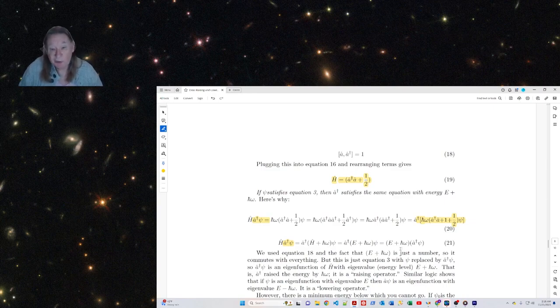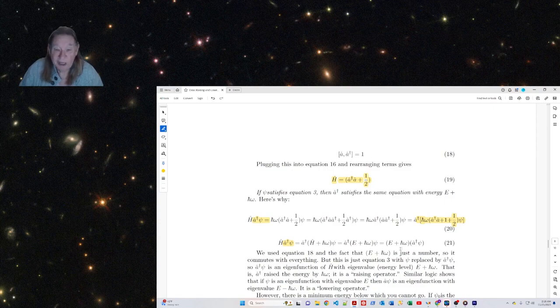This is just Schrodinger's equation all over again, but with E replaced by E plus ħω. So what we've done is we've taken a wave function with an energy level E, and we've converted it to a wave function with an energy level E plus ħω. And that's why A dagger is called a raising operator.